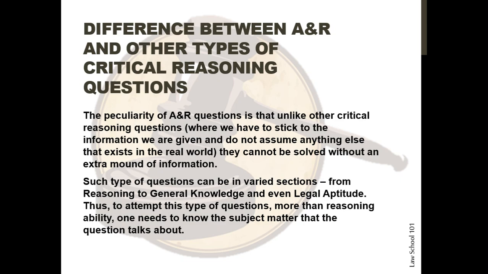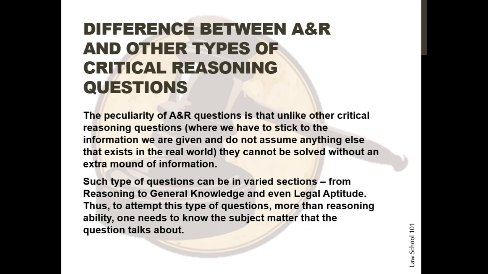However, A and R questions cannot be solved without an extra amount of information. They can be in varied sections, from reasoning to general knowledge and even legal aptitude. And in all sections wherever they are present, we need to use a lot of extra knowledge. So in such questions, there is less of a reasoning part but more of a knowledge base.